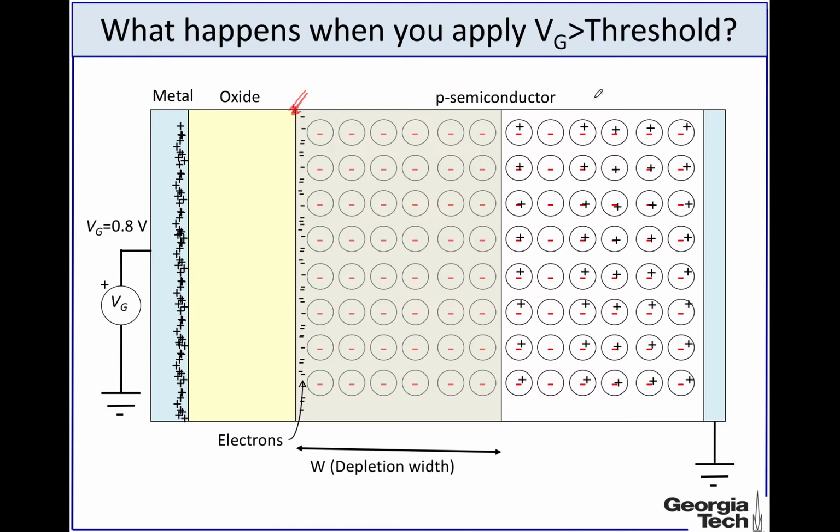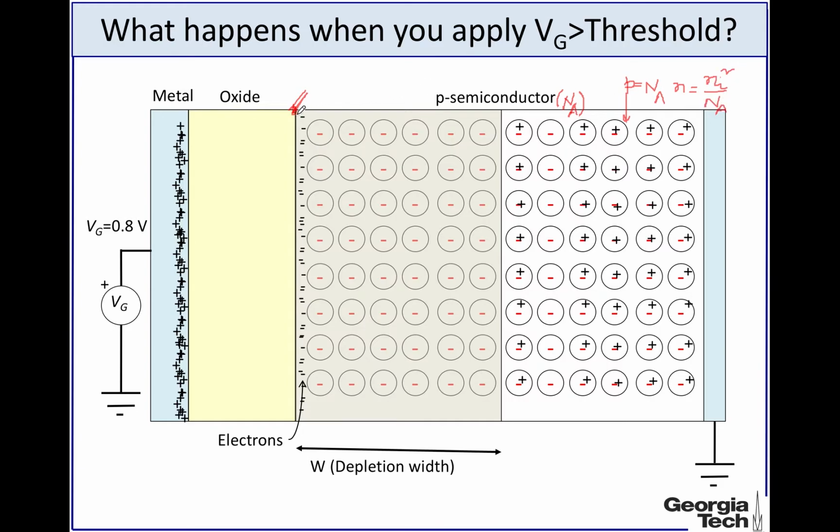Now one thing to note here is that, say you have this p-type semiconductor which is doped at a density Na of the acceptors. In this region the density of holes is Na and the density of electrons is ni squared by Na.